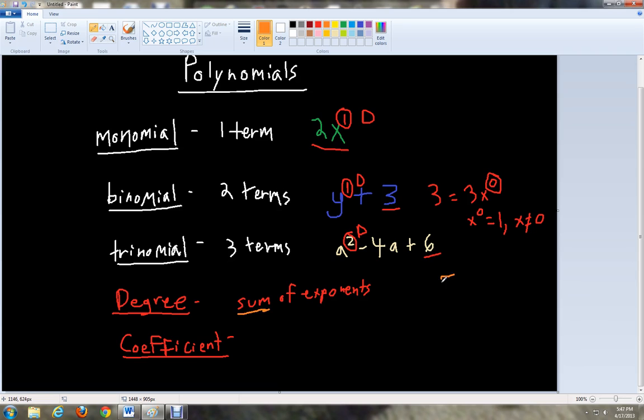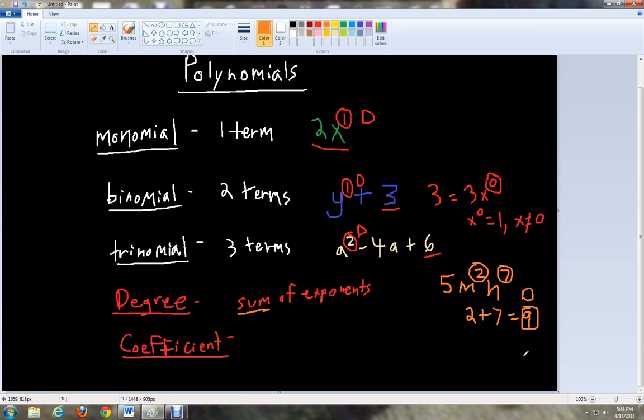If we have something like 5m squared n to the 7th, then we have 2 variables, m and n, so we take the exponents of m and n and add them together. 2 plus 7 equals 9, so we have a degree of 9 for this term.